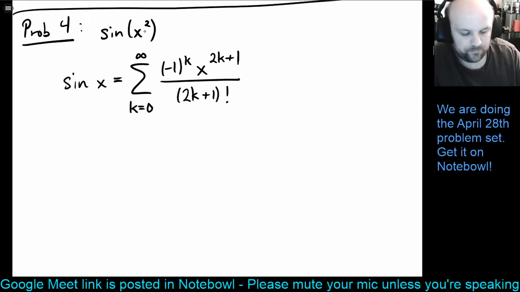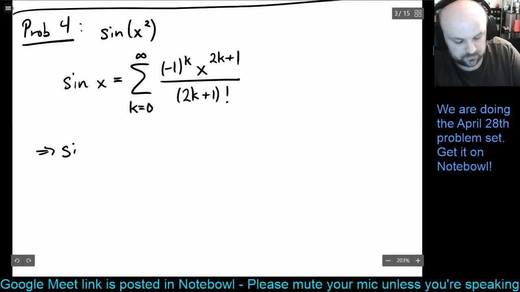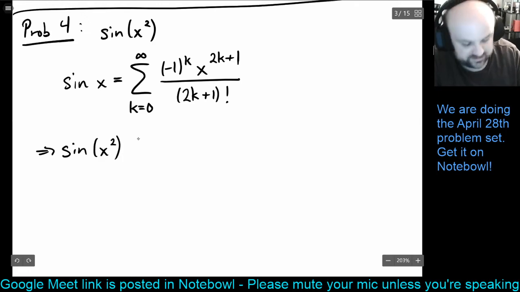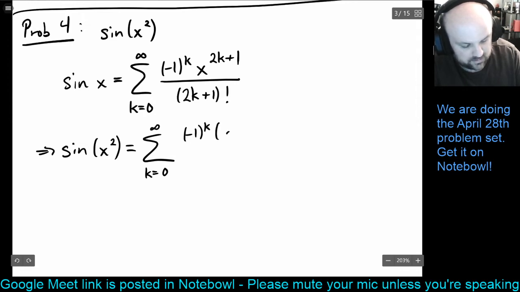Well, to get sine of x squared from sine of x, you just plug in x squared here, right? So we can do the same thing. Just plug in x squared for x. We have (-1)^k (x^2)^(2k+1), sorry, over (2k+1)!.